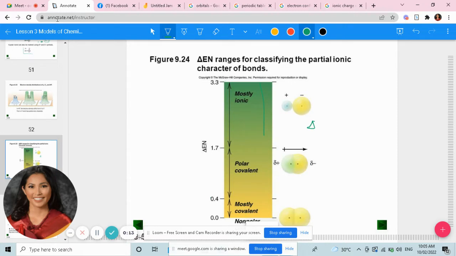Okay, so take note of the range. If we have 0.4 below, then that is mostly covalent.